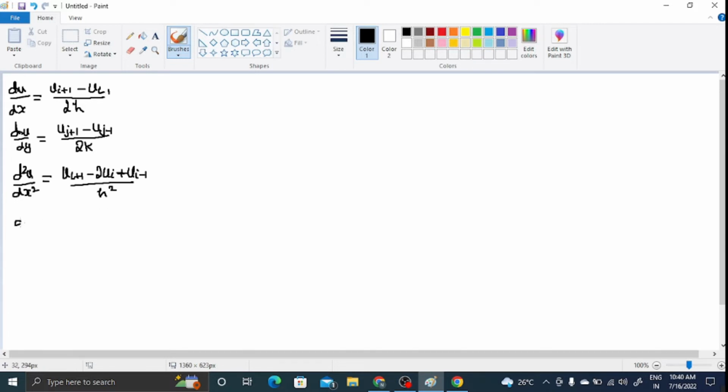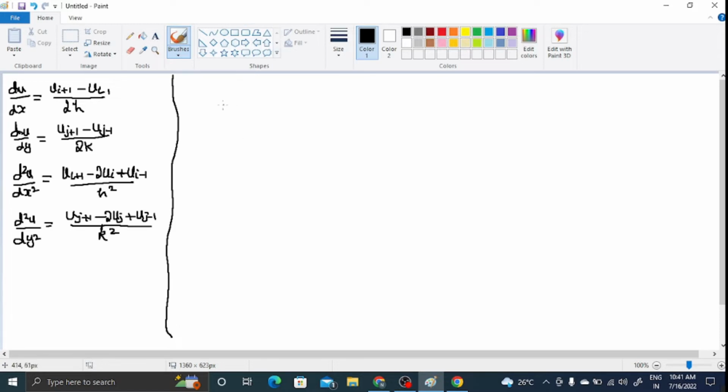Similarly, d square u by dy square is equal to u j plus 1 minus 2 u j plus u j minus 1 divided by k square.